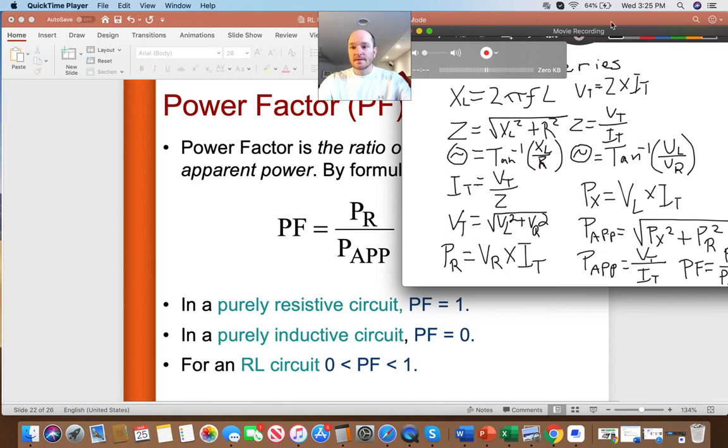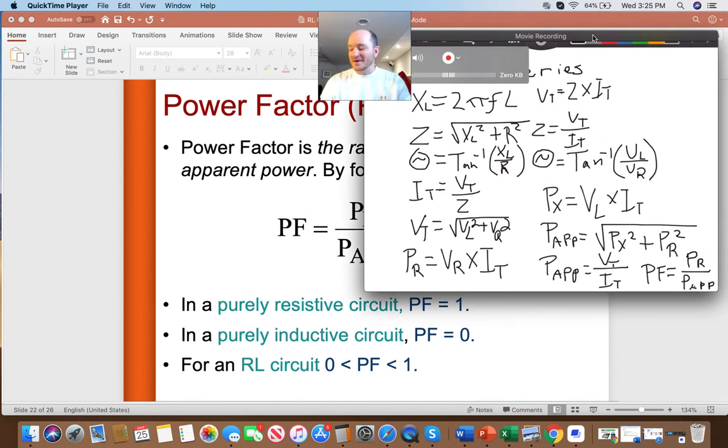All right, let me scoot this over so you can see it. Sorry about that. There we go. The power factor equals PR over APP. Okay, and this is the formula for calculating out your power factor.